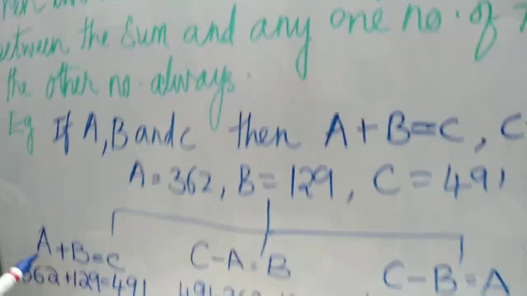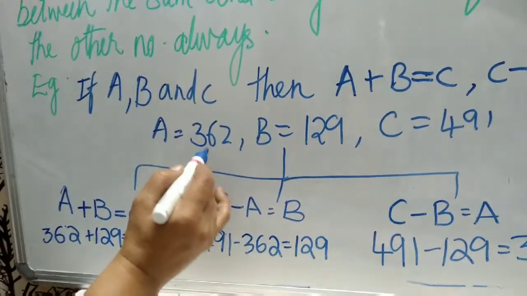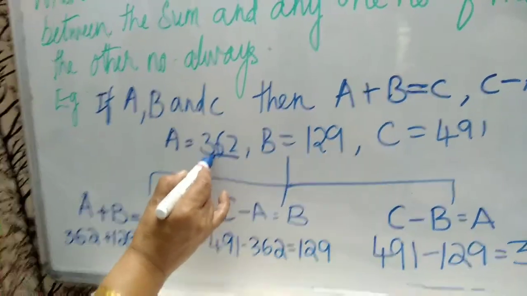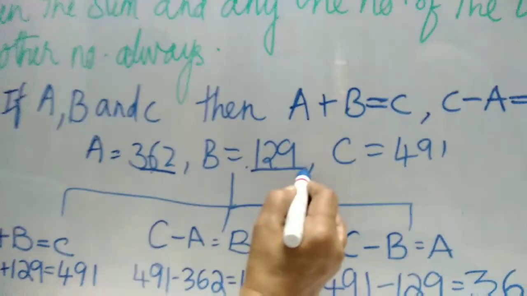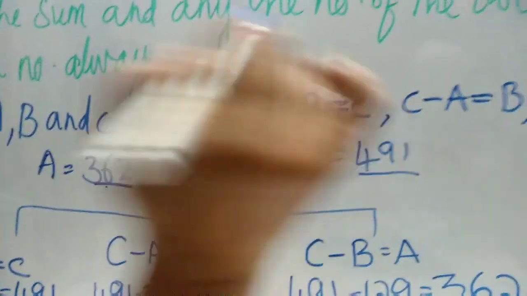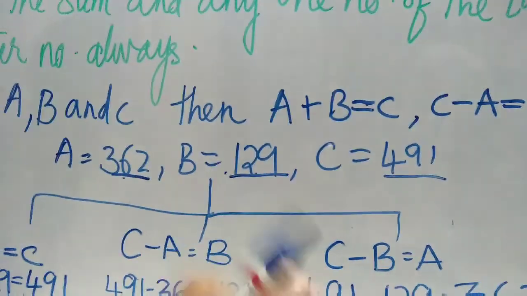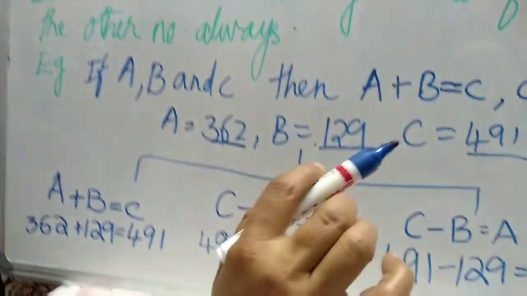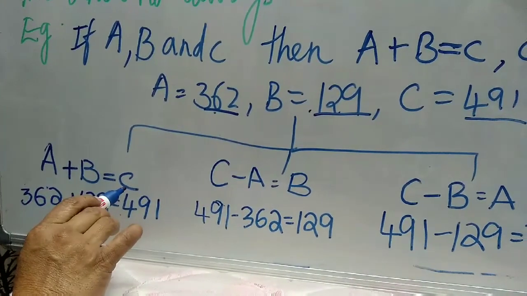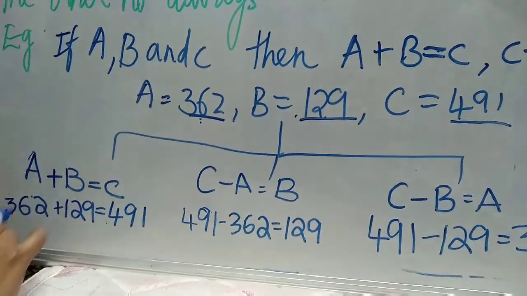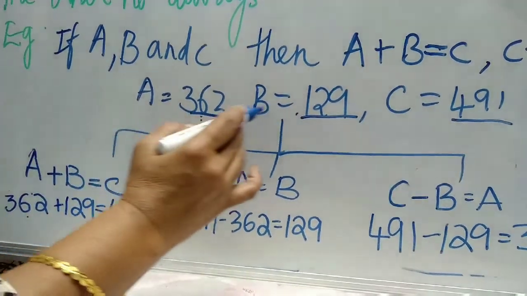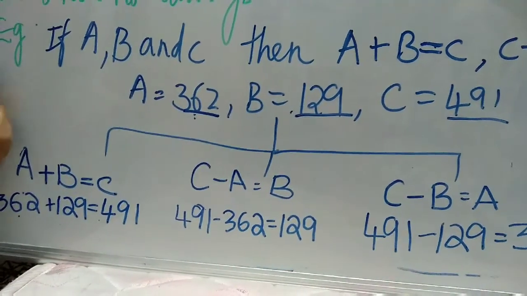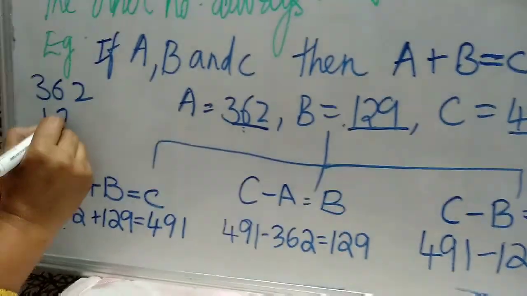Now here, see, A is 362, B is 129, and C is 491. Now, what is our property? A plus B is equal to C. A is 362, B is 129. 362 plus 129.